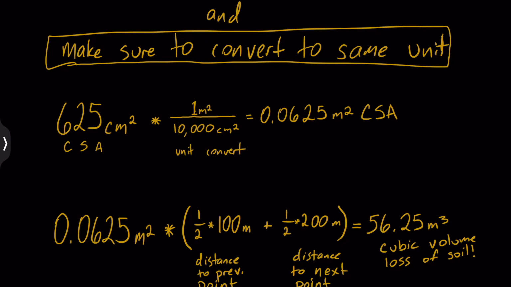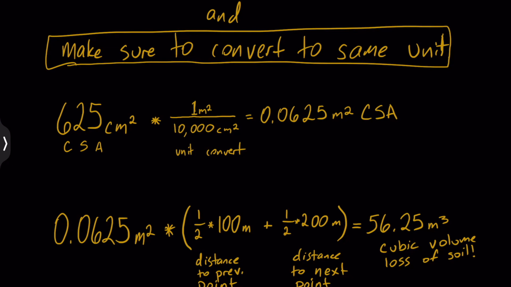That's where we get the 10,000. So we divide 625 square centimeters by 10,000 square centimeters to figure out how many meters squared we are looking at. And that is 0.06, 6% of 1 square meter in this 80 centimeter wide trail that's 10 to 15 centimeters eroded down.